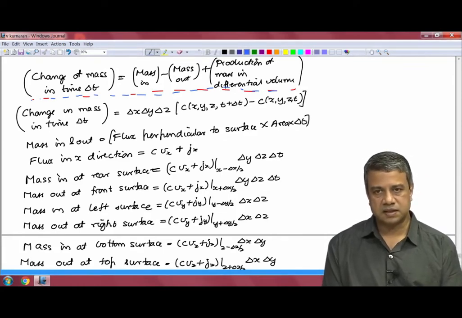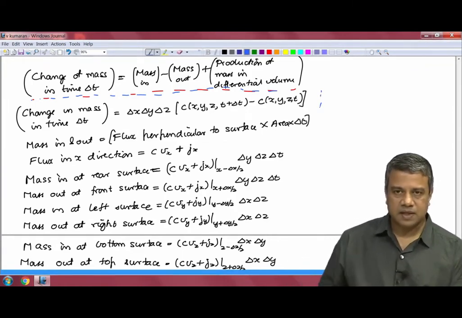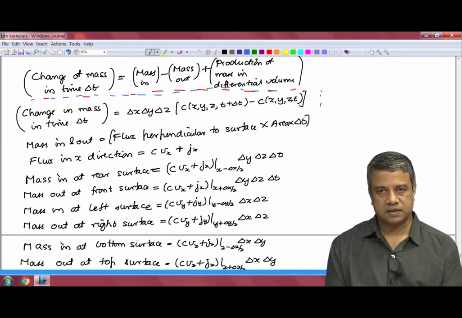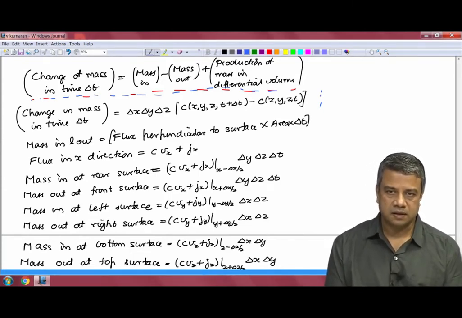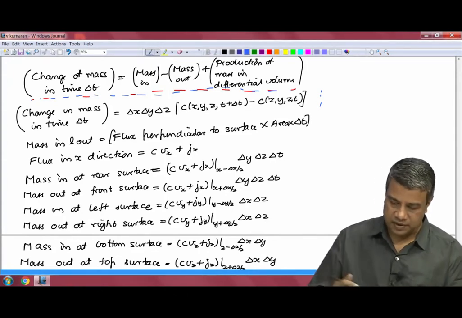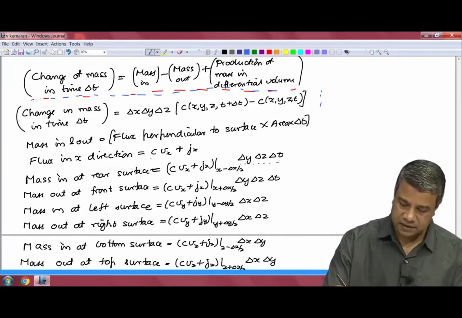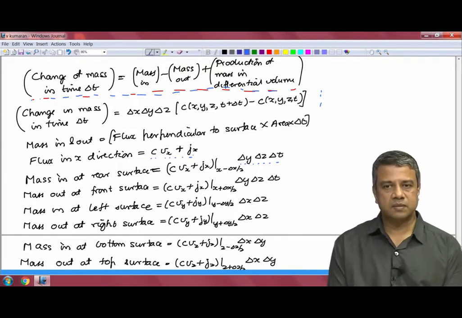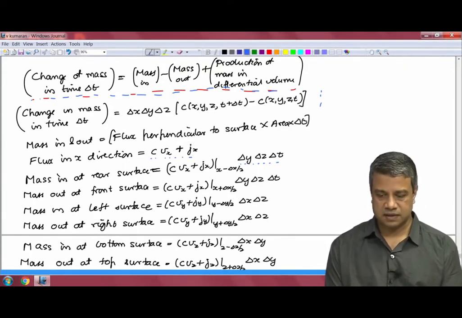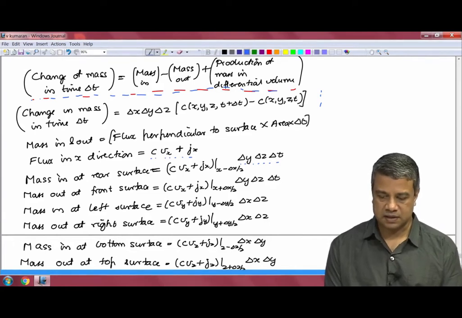The change in mass is the change in concentration times the volume, whereas the mass in at the surfaces on the rear, the left and the bottom is the flux in that direction times the surface area times time. The flux itself is the sum of the diffusive and the convective fluxes. Convective flux is the concentration times Vx, and the diffusive flux is just Jx, the flux in the x direction.